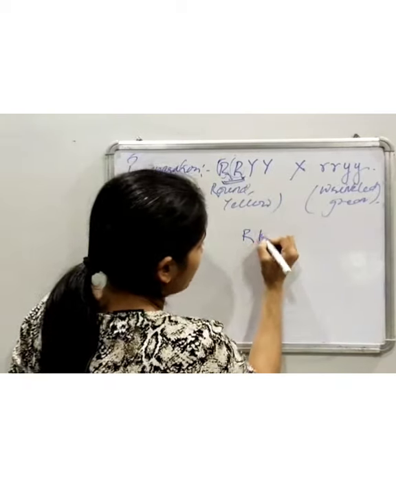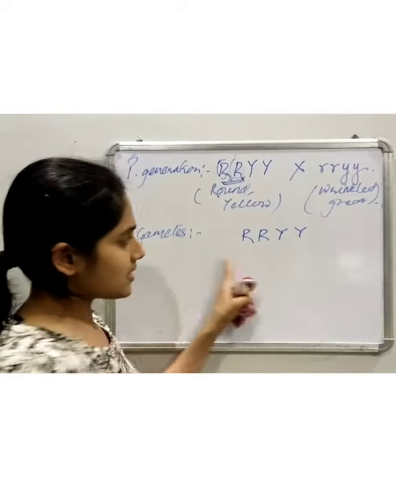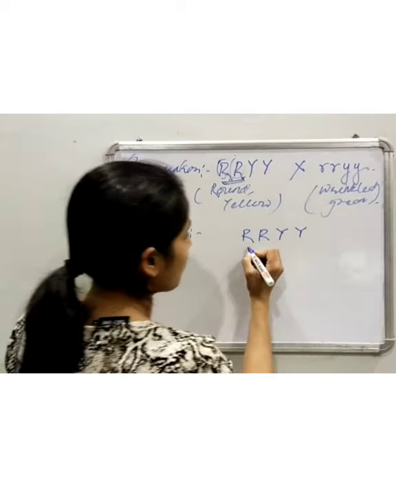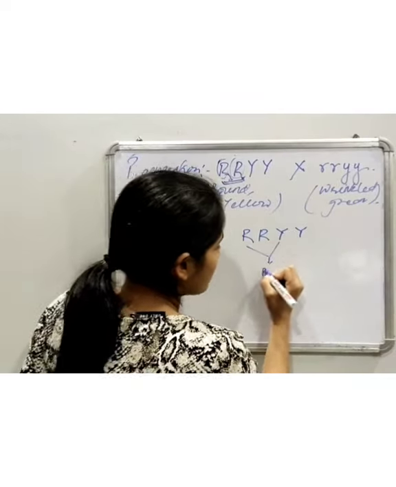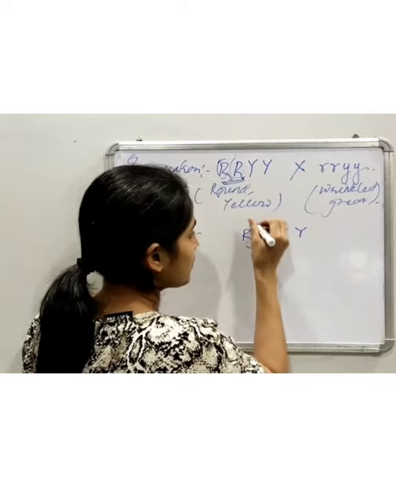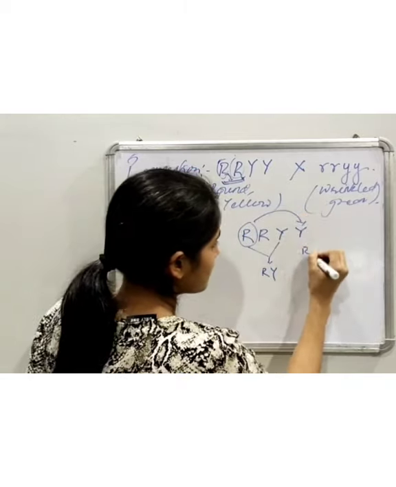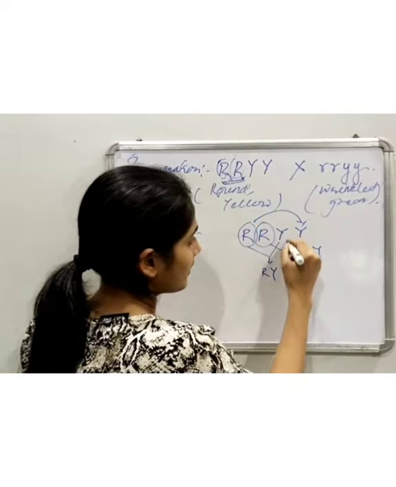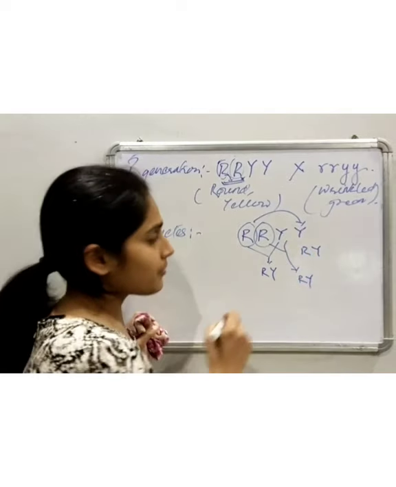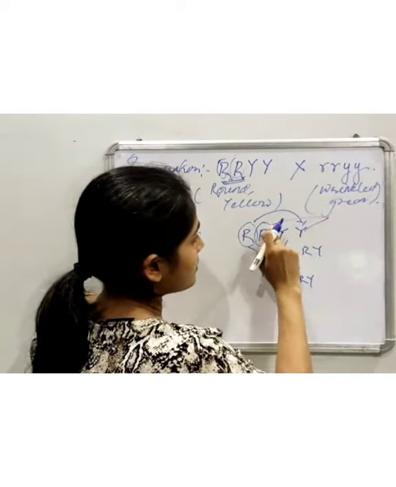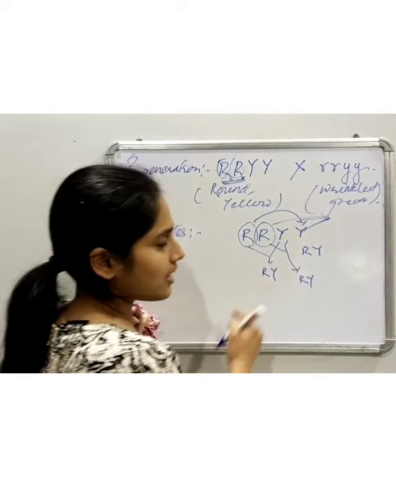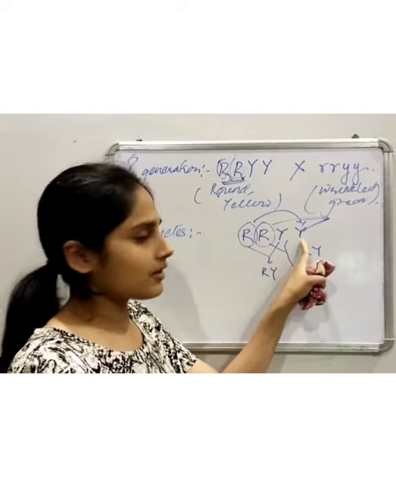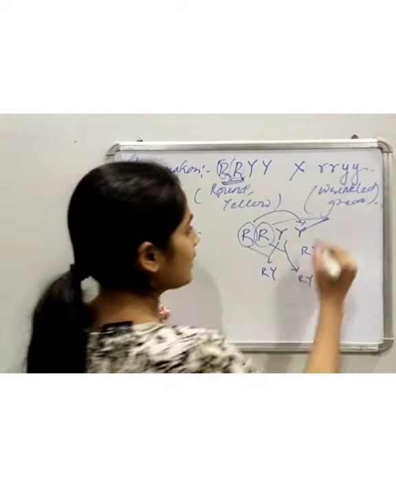So I'll elaborate over here. This is the genotype of one parental generation. How will the gametes be formed? This R and this Y. Again, if you keep this as constant, then it will vary with this R, this Y. If you keep this one as constant, then again you will get this R, this Y. And if during gamete formation this R comes with this Y, then we have this.